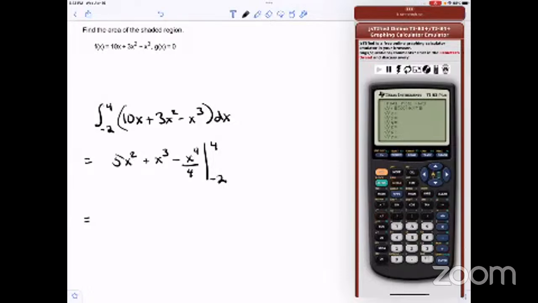For me, this is just a little bit easier to do it this way. So then I'm going to call on that function that I just typed in. I want it evaluated when x is 4. I'm going to say minus. I think this will work. Again, we might have to make an adjustment for this next part. We need to plug in when x is -2. So then we get a result of 72.